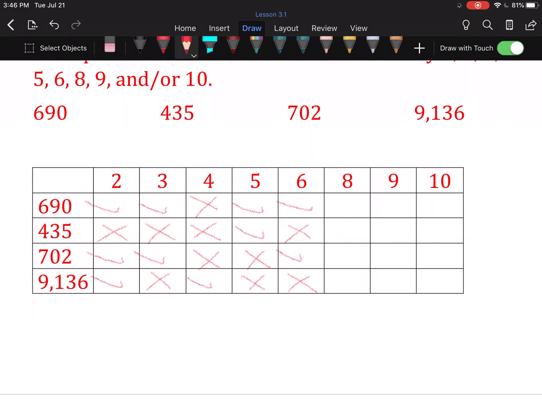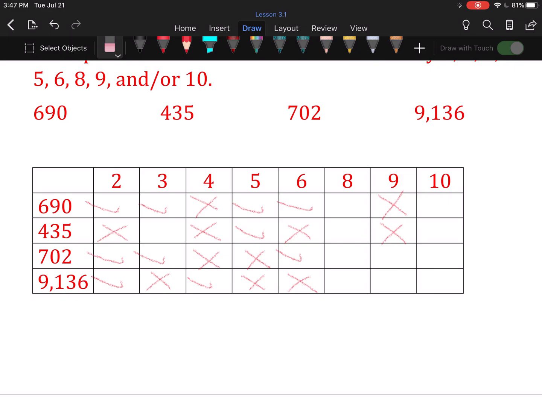We're going to skip 8 for a second because it is, quite frankly, the biggest pain in the butt. The rule for 9 is add up the digits and does it divide by 9. So 6 plus 9 is 15, does not divide by 9. 4 plus 3 is 7, plus 5 is 12. 12 does not divide by 9. But I just have to go back, and I realize something. 4 plus 3 is 7, 7 plus 5 is 12, 12 does divide by 3.